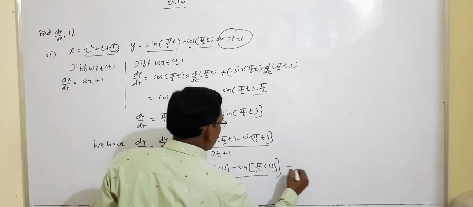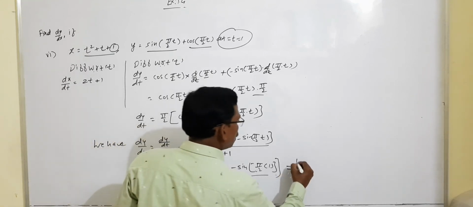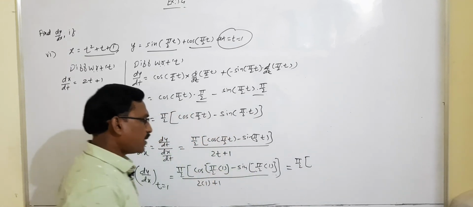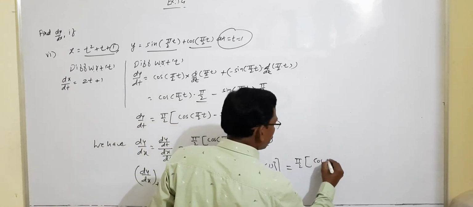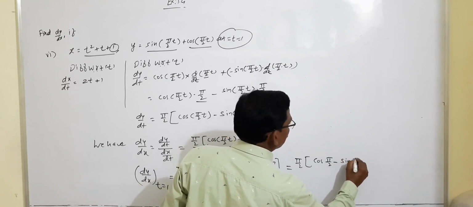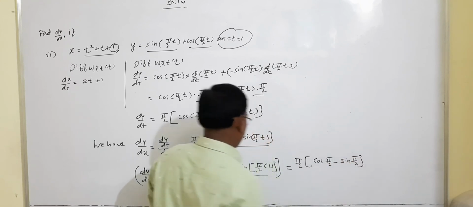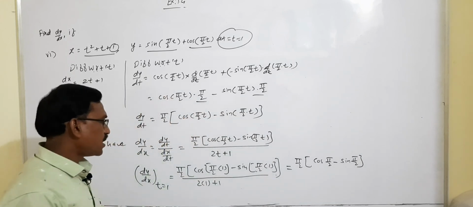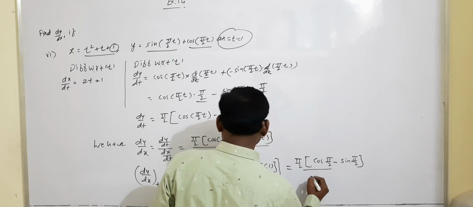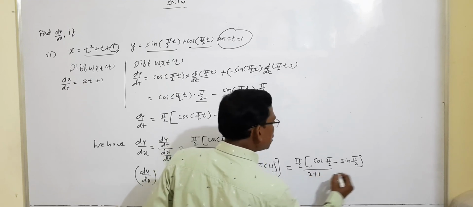It is equal to pi by 2 into cos pi by 2 minus sine pi by 2, divided by 2 into 1, which is 2, plus 1, it is 3.